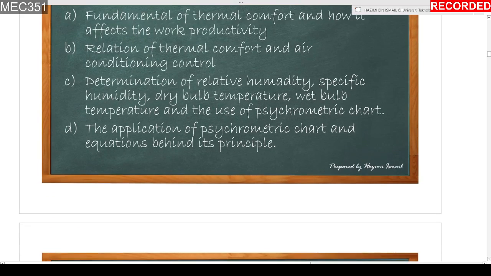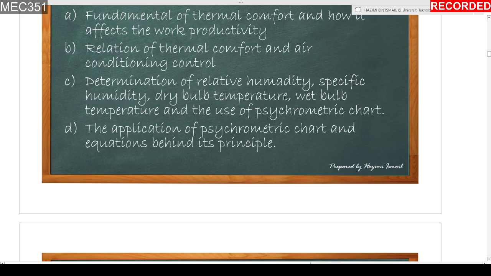And determination of relative humidity. I hope you know what humidity is. This is not "humid" but "humidity". This is a typo, a spelling error. Then specific humidity, dry bulb temperature, wet bulb temperature, and the use of the psychrometric chart.